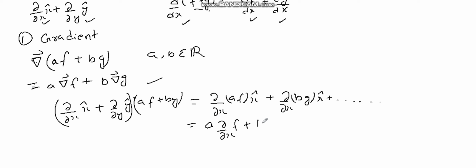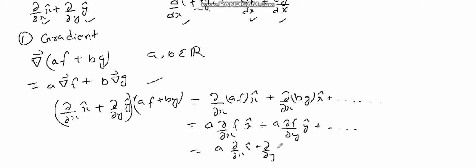The A will come out, del by del x and del by del y will come out, and F will be taken as a factor and go outside.